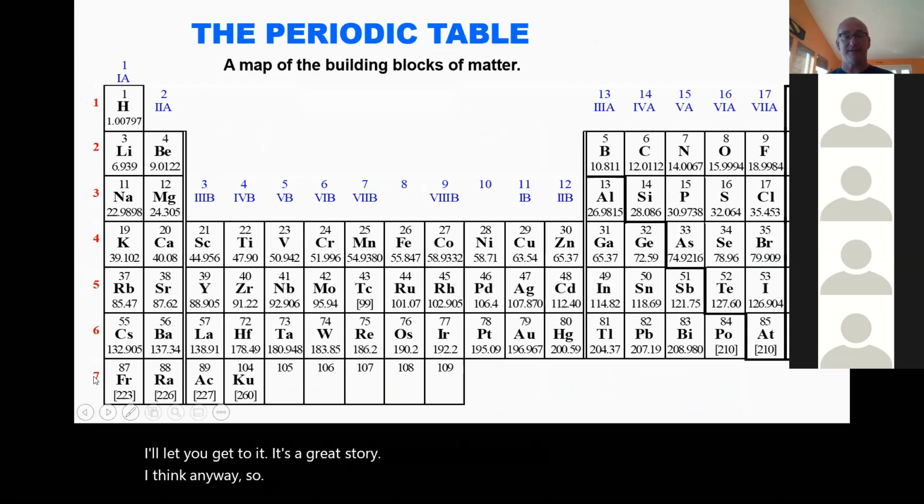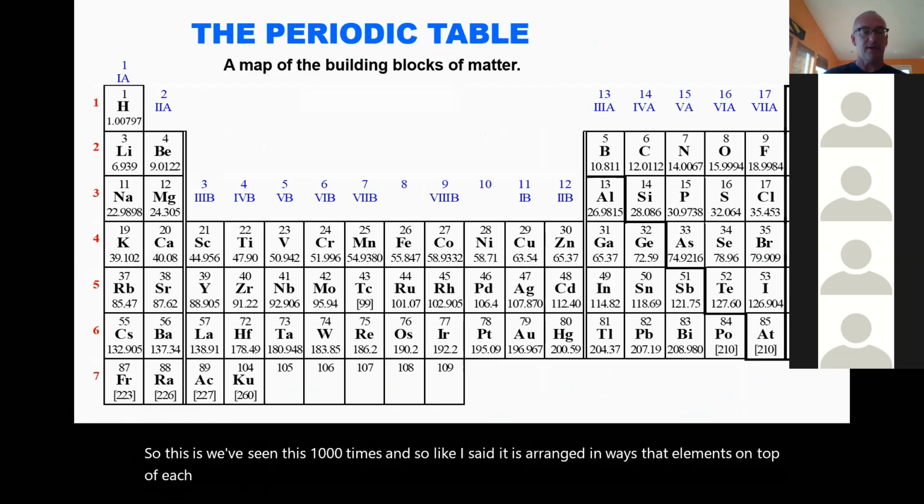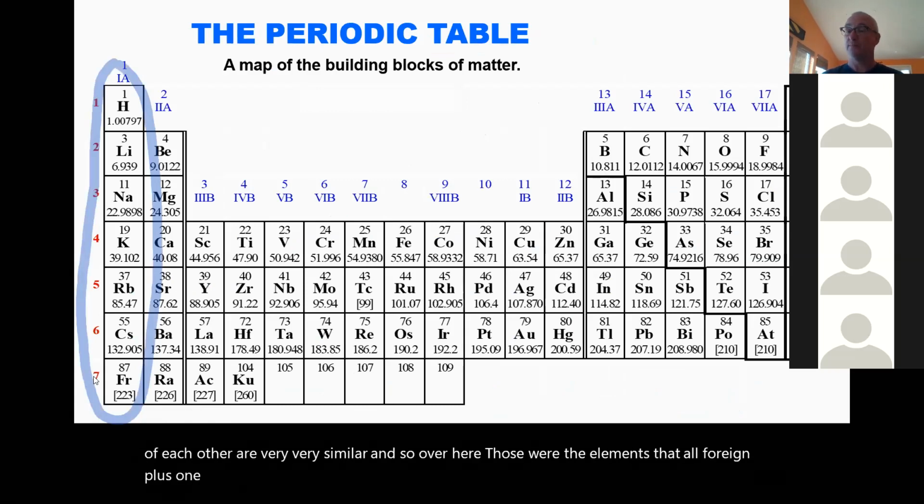Anyway, this is something you've seen 1,000 times. Like I said, it is arranged so that elements on top of each other are very, very similar. Over here, those were the elements that all form +1 ions, strangely, in group number 1.